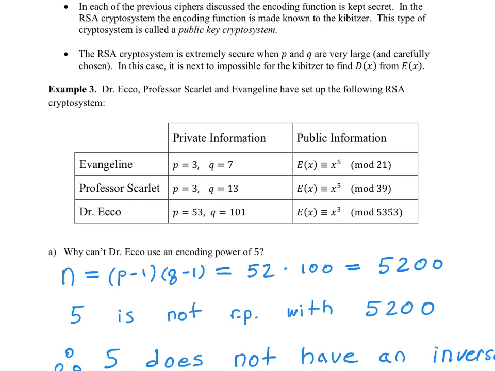Evangeline has that encoding function and has picked these prime numbers, but has not yet written down over here privately what the decoding function is. Everything is set up correctly. We just need to think about what is Evangeline's decoding function. So let's go back.